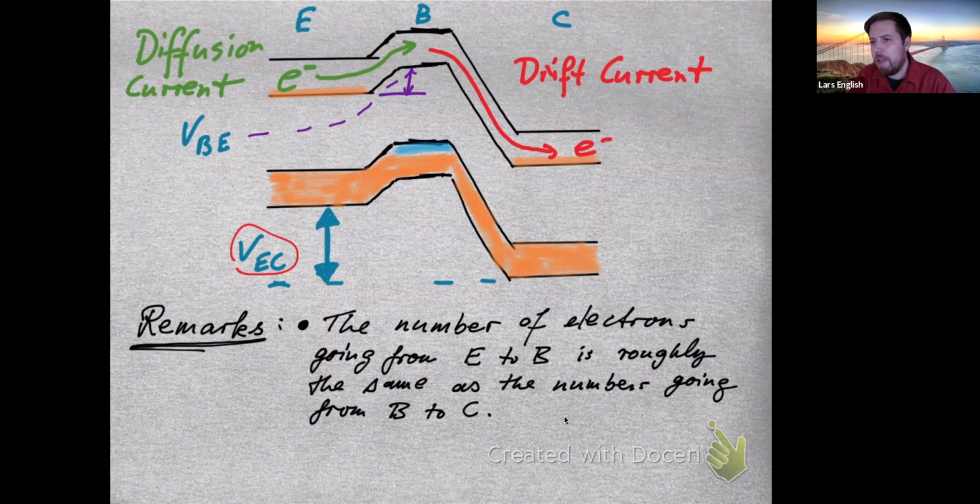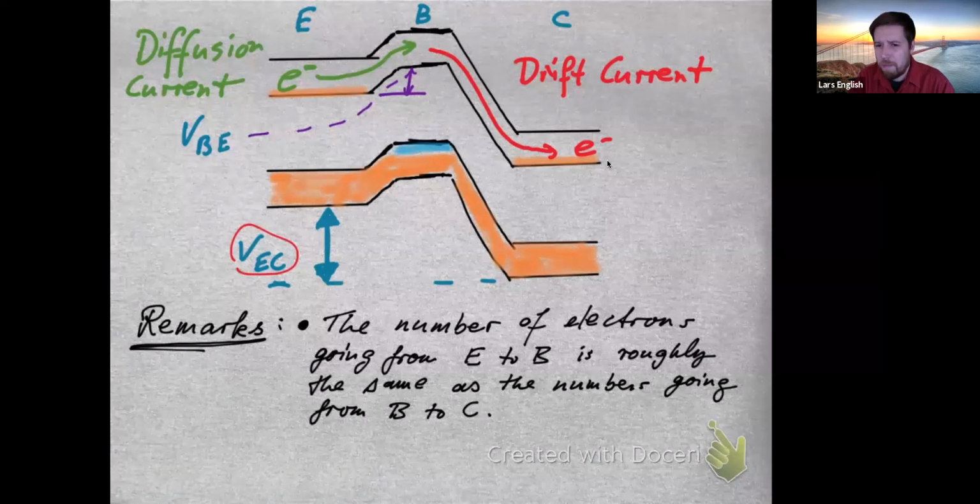Now I'm saying roughly because there might be some electrons that get injected into the base from the outside, from the rest of the circuit, but more or less we can say that the electrons that go into the base from the emitter all get funneled to the collector, so the numbers are very close to being the same.